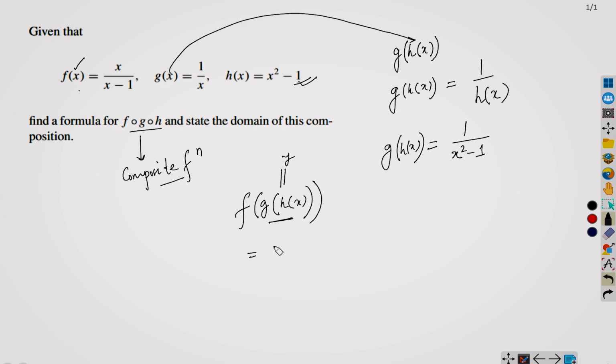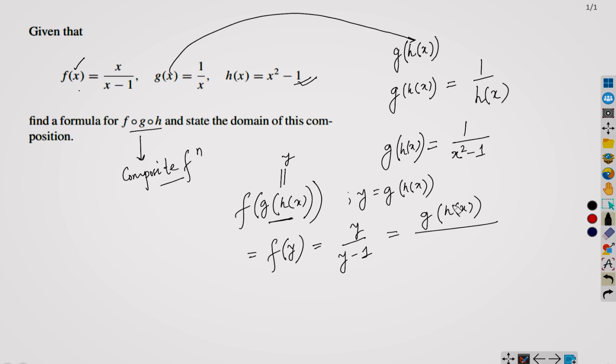How is f(x) defined? f(x) is x by x minus 1, therefore if we assume this as y, f of y, from the definition, is y by y minus 1. Now what do we assume as y? Our y equals g of h(x).